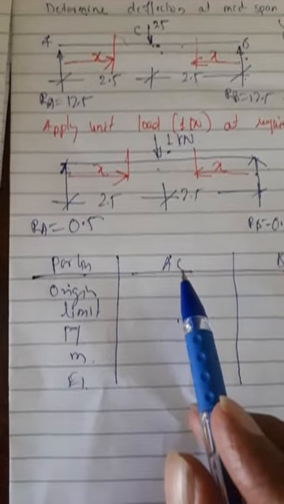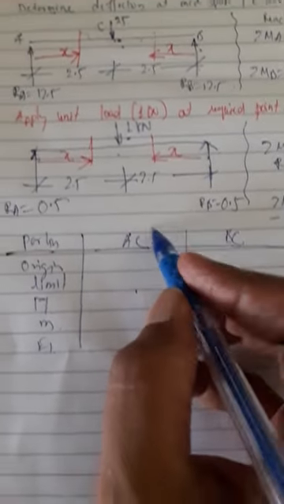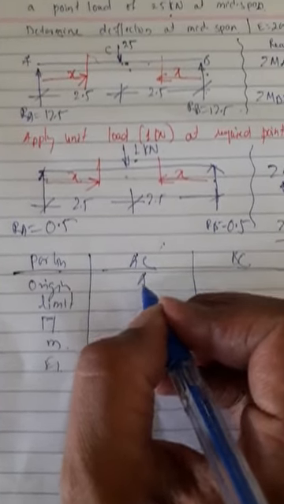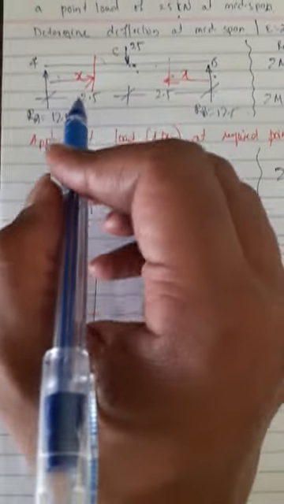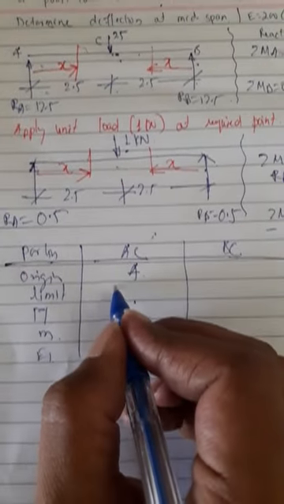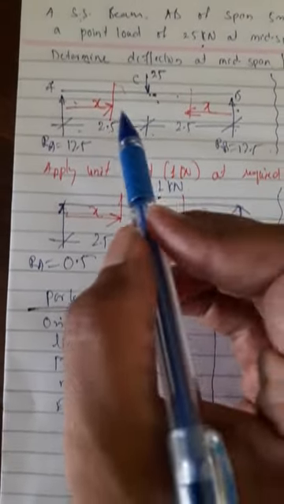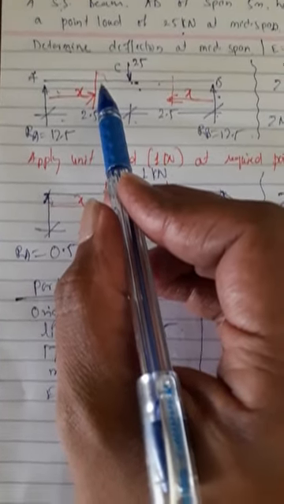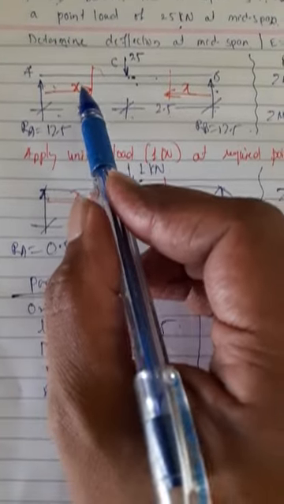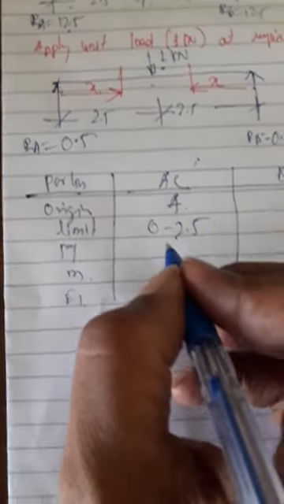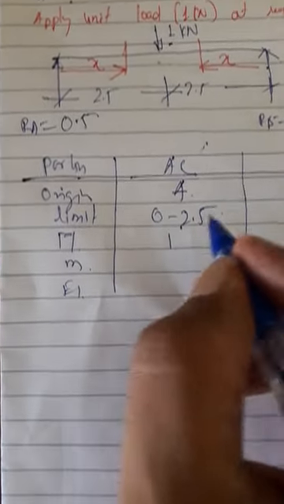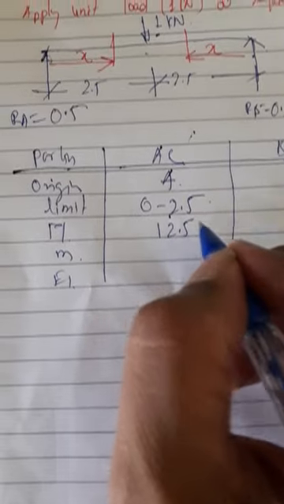Say for portion AC, origin is A, limits or distance is 0 to 2.5. Bending moment M at this section is load into perpendicular distance, 12.5 into X, is 12.5X.